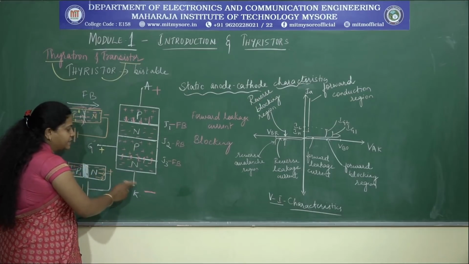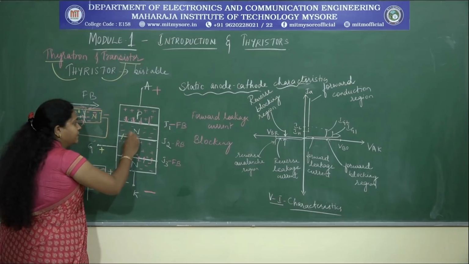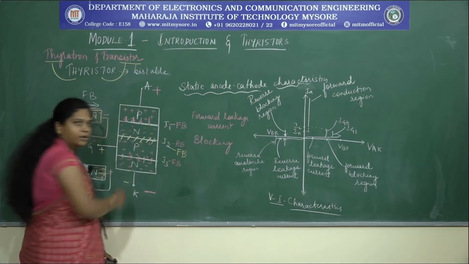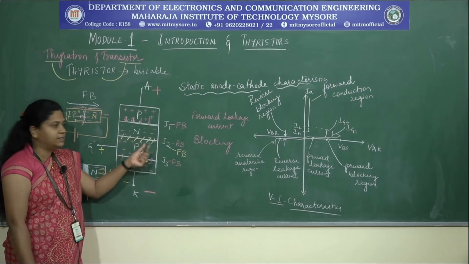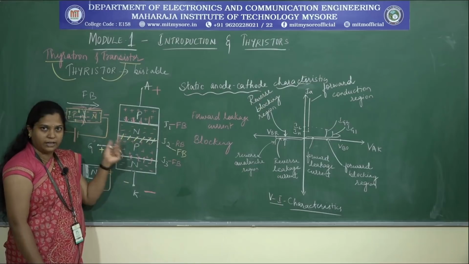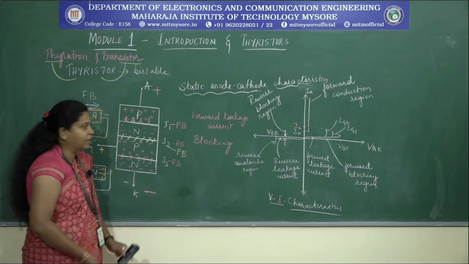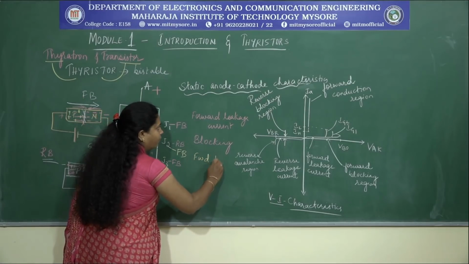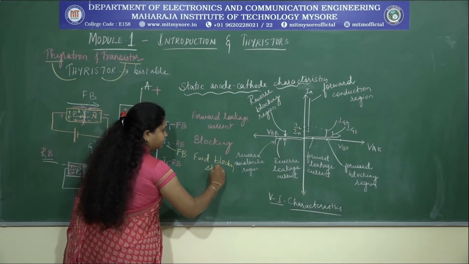Negative is already applied here, and this extends the force, so junction J2 is in the forward biased condition. Once J2 is broken down, that instant of time is known as the forward blocking state.